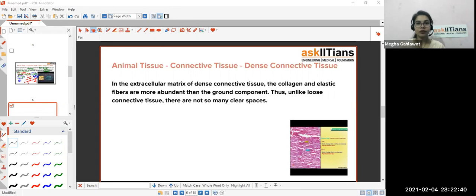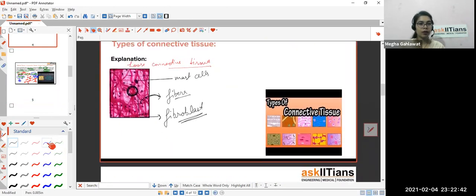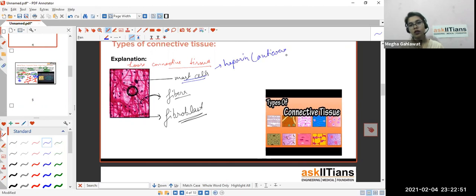Okay. Let me just mark that here for you. We have the heparin, anticoagulant, and we have histamine, which is helping in lowering the BP.